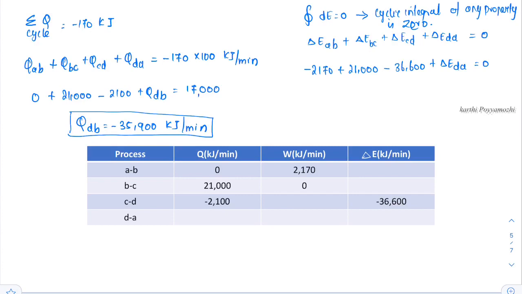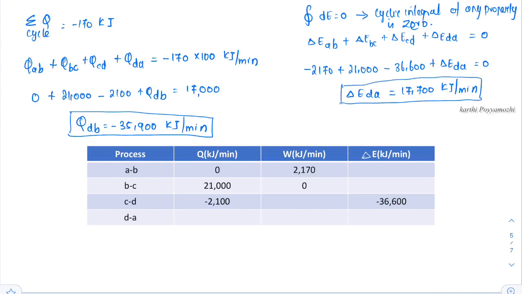If you calculate, you will get del E of dA equal to 17,700 kilojoule per minute.